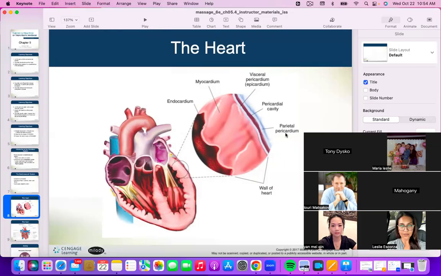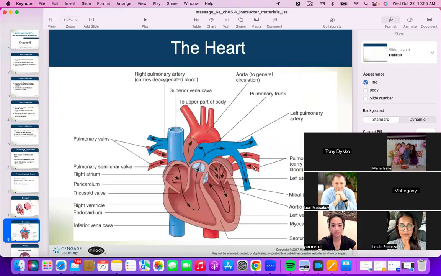As you can see in the pericardium, there is the visceral, which is the deeper layer, and the parietal, which is the outer layer. And between the outer and the inner layer, there's a cavity where fluids run through. We're going to go in the book and highlight more details about it.